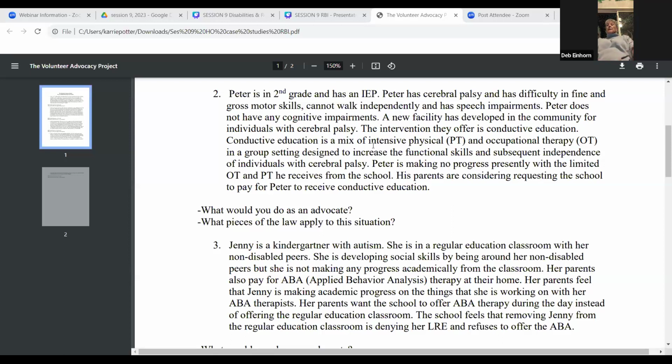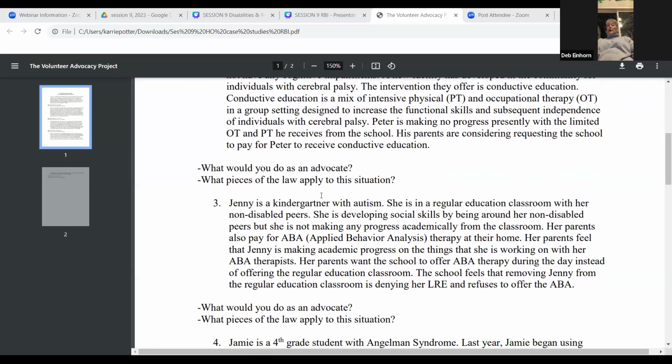So that's going to be an important consideration here. A parent can't ask for something that is new and unproven and expect a school district to put out a significant amount of resources to pay for something that isn't evidence-based or research-backed. So that's going to be important to find out.